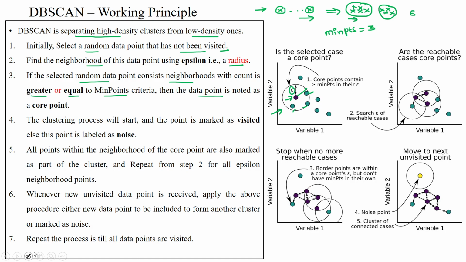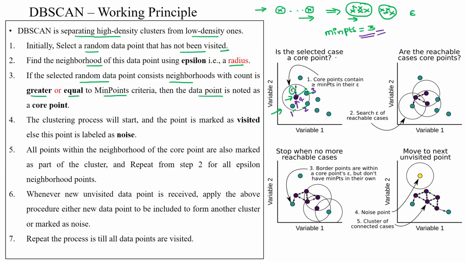Here in this example, we have given minimum number of data points as 3. Within this epsilon distance, this data point has the minimum number of data points: 1, 2, 3. So this data point has 4 data points including the selected data point.